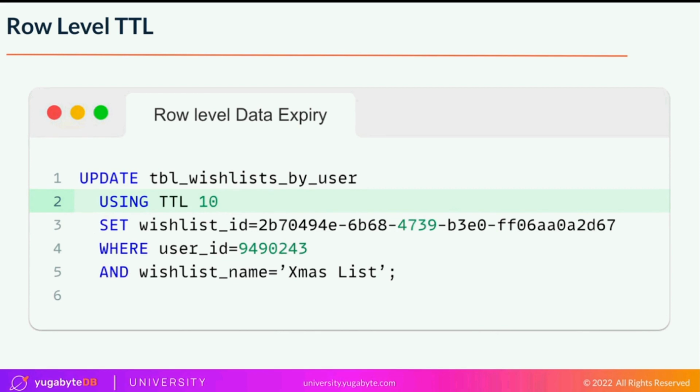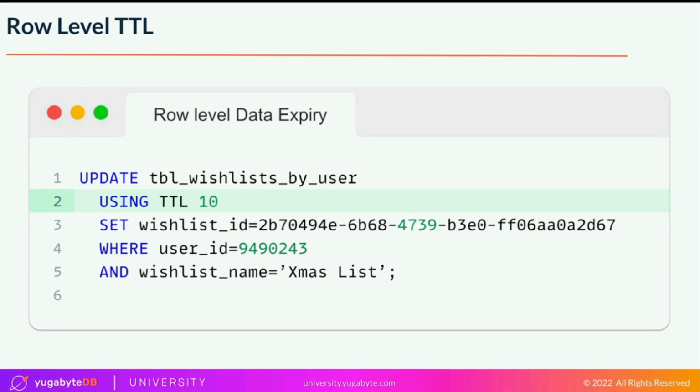In this example, the row containing these values and this property will expire in 10 seconds. Once again, you can use update or insert in order to set this property, and then 10 seconds later, all the data in that row will be deleted.